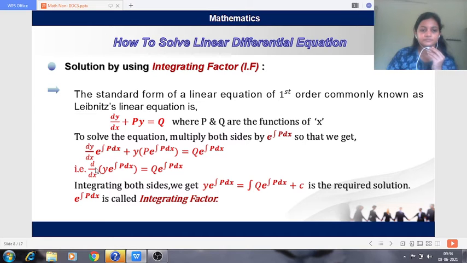That is the left side. From the left side of this equation, we can write it as differentiation form, that is d dx of y into e to the power integration p dx is equal to right side is the same, q into e to the power integration p dx.